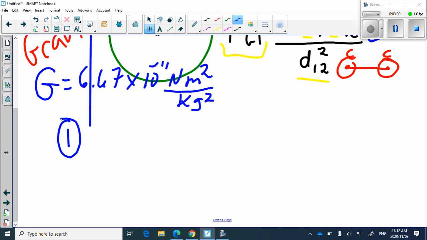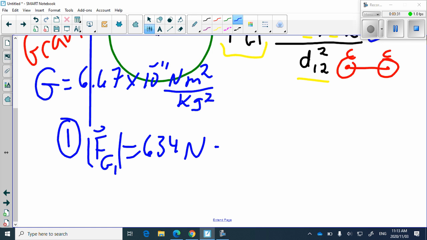In situation number one, when the object is on the surface of the Earth, we know that this is equal to 634 newtons, and it would equal big G. The mass of this object, what is this?